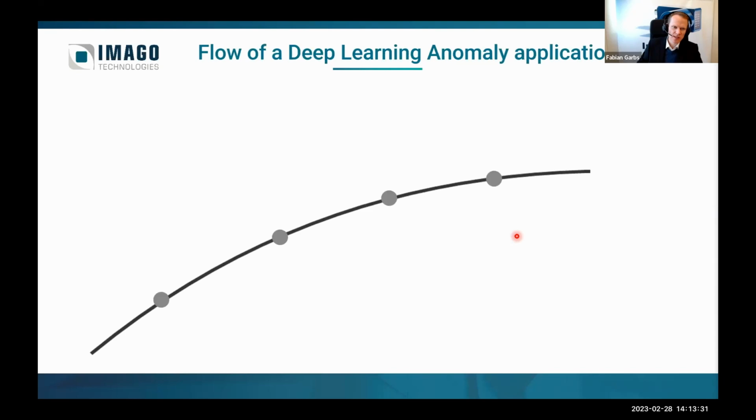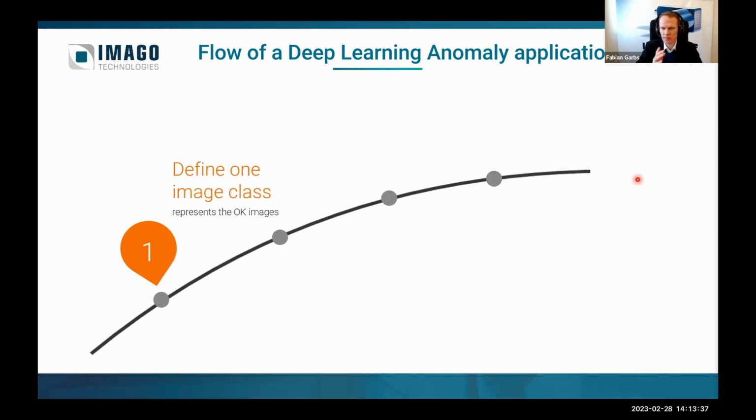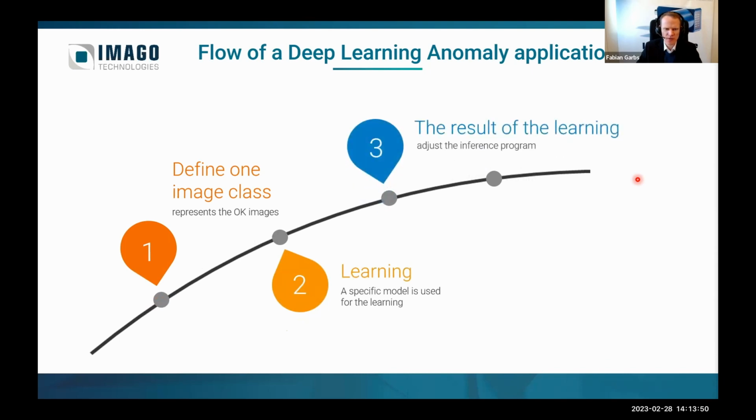How could this look like? If you create this anomaly application, of course, first of all, you have to set an image class. This class would be the images of products which are okay, which are good. Second step is learning. The system has to learn, okay, this is a perfect one.